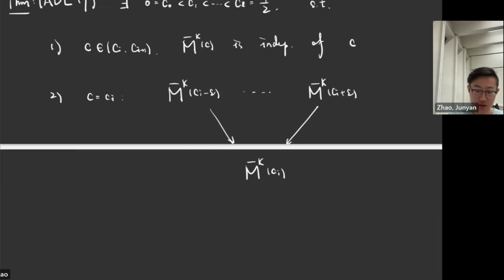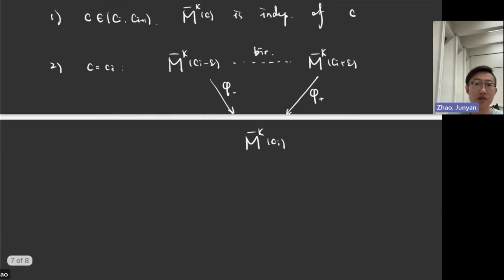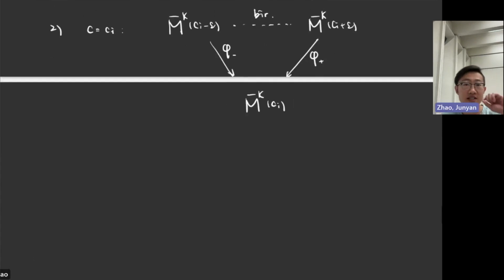Oops, use a dotted arrow. So let me call this phi minus, call this phi plus. So we know that phi minus is a flip of the birational contraction phi plus.